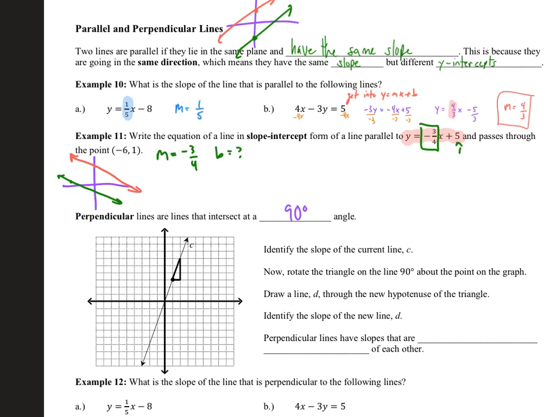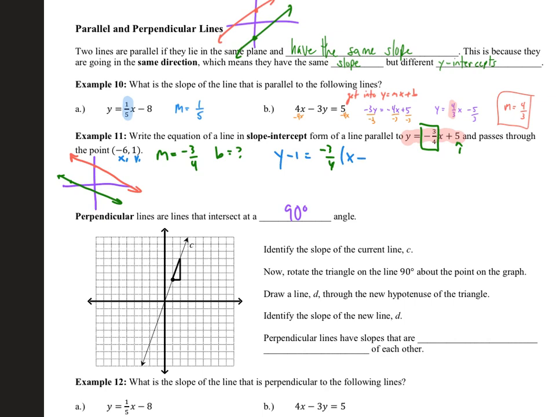Okay. There are different ways to do this. One is to plug it back into point-slope form because we have a point and we have the slope. Since we talked about that already, we'll just use that. So y minus y1, which is 1, equals the slope, negative 3/4, times x minus x1. So x1 is negative 6.